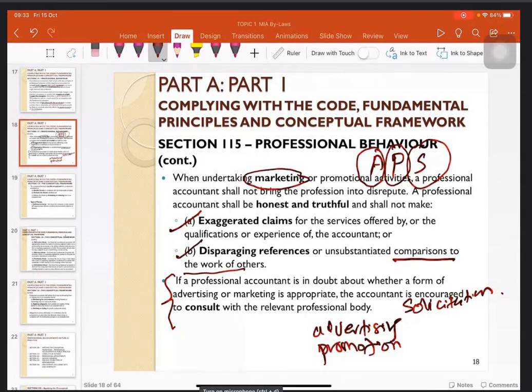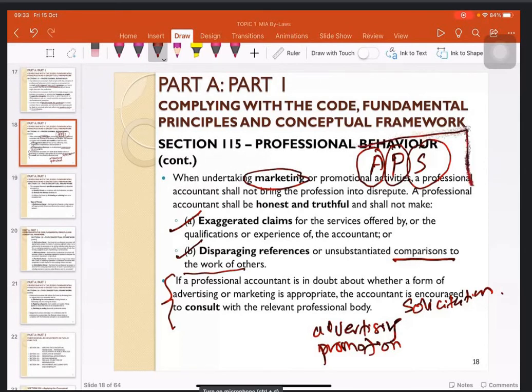Dia macam kalau for the example like kalau insurance agent jumpa you kan, dia nak jual insurance, dia akan cater one to one, dia akan discuss dengan you one to one. For the example, macam you lah, like say you jumpa kawan lama you and then you know that your friends ada company. So you ajak dia pergi lunch, then you explain about apa yang you boleh offer kepada dia. Okay, that one adalah part of the solicitation.